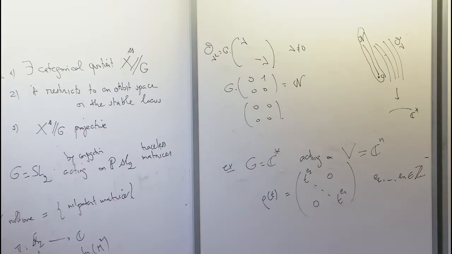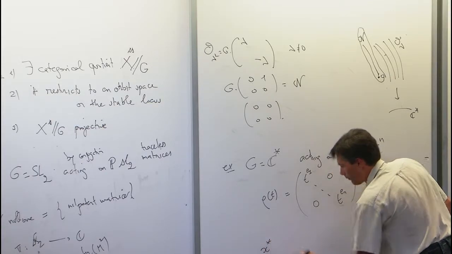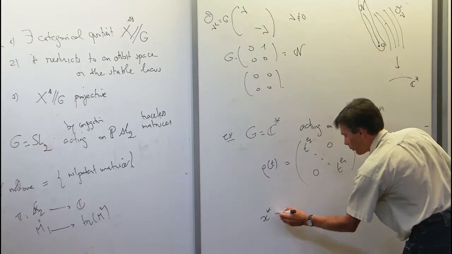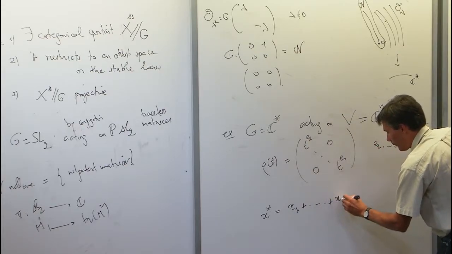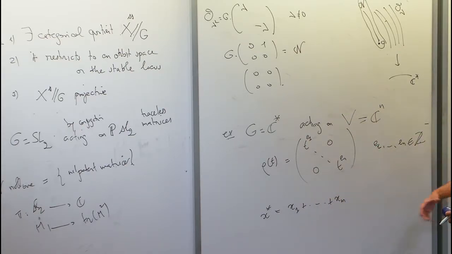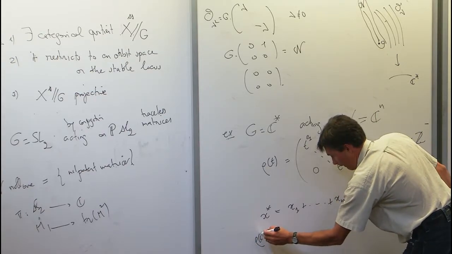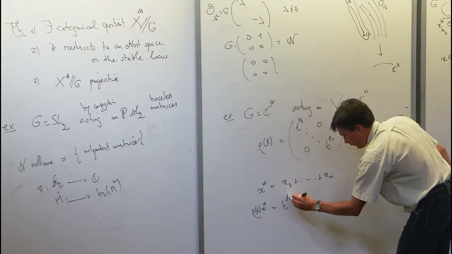When you take a point x in V, you can decompose it with respect to this decomposition. Some components will be 0, so I keep only the ones that are non-zero, and then I get some exponents d_i.